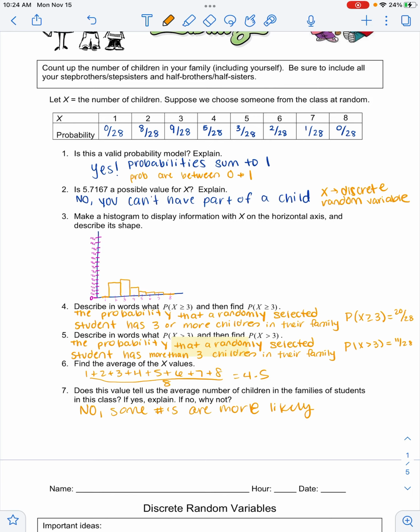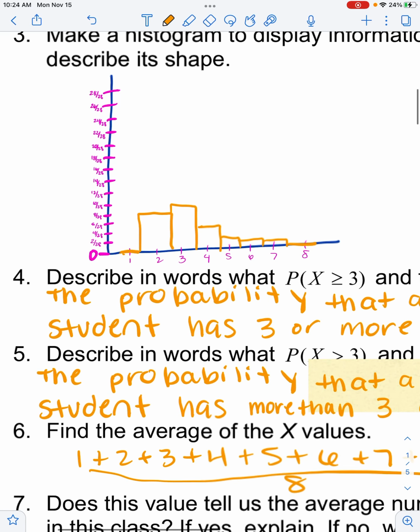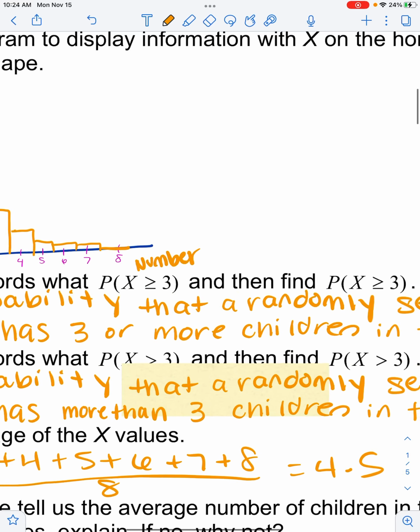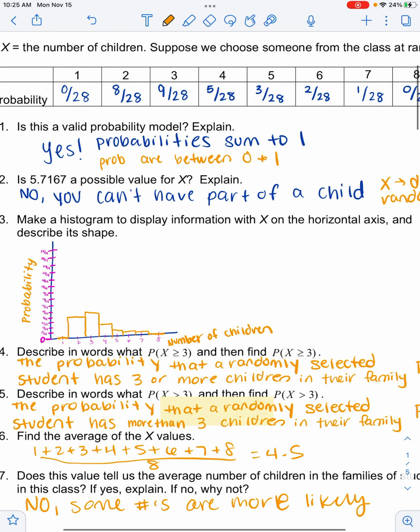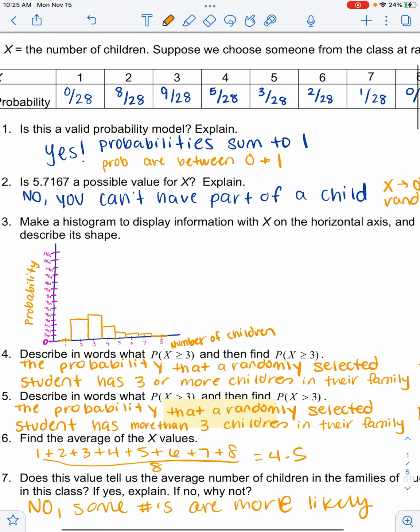Now you should have made your histogram here, and there's some important things to remember with your histogram. You always want to label, so labeling the vertical axis as probability and your horizontal axis as the number of children. And then it did ask you to describe its shape.